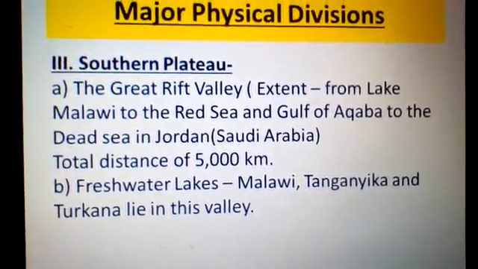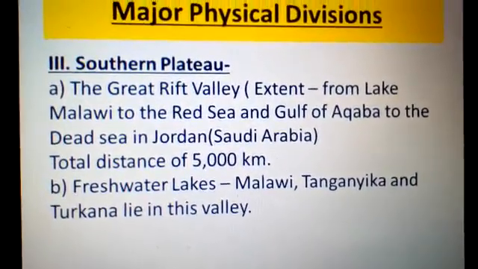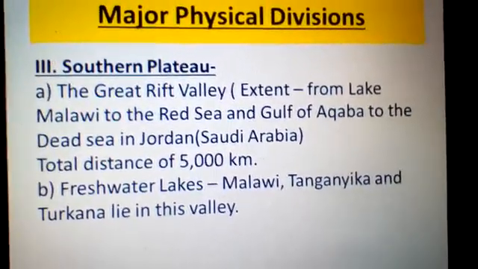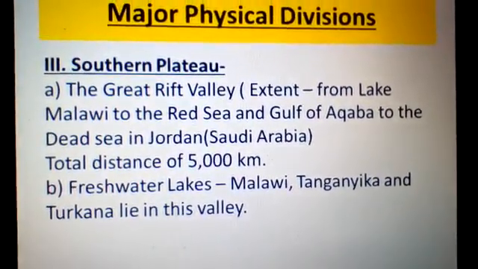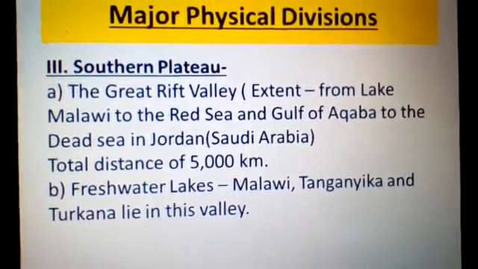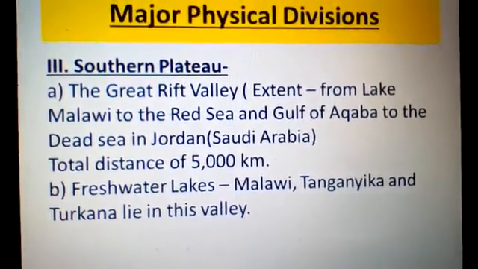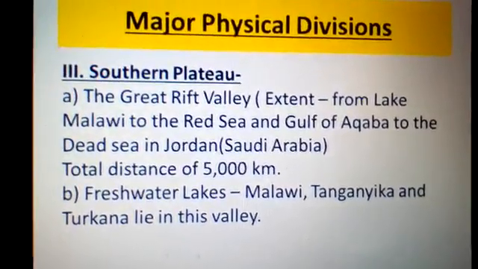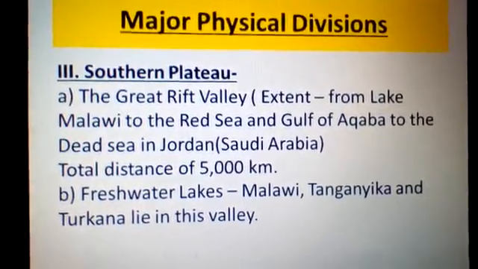So here we need to learn that it has three main important freshwater lakes, that is Lake Malawi, Lake Tanganyika, and Turkana, which lie in this valley. Now we really need to understand that Lake Victoria does not lie in the Rift Valley area.